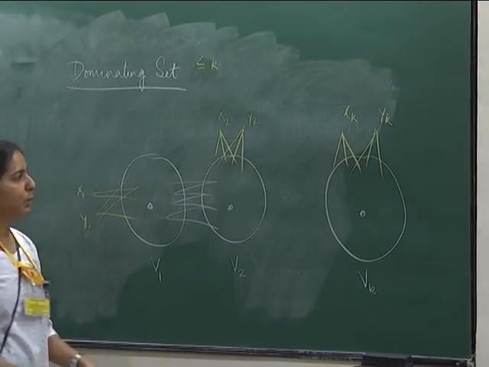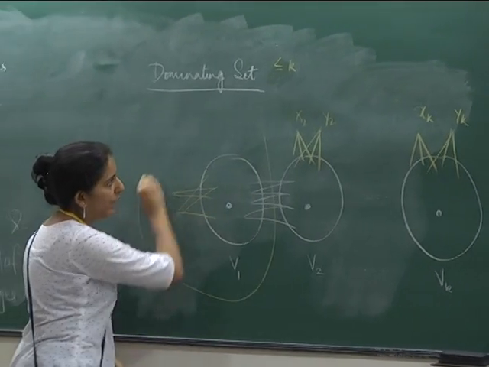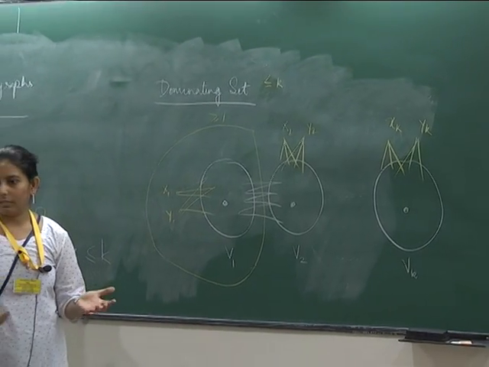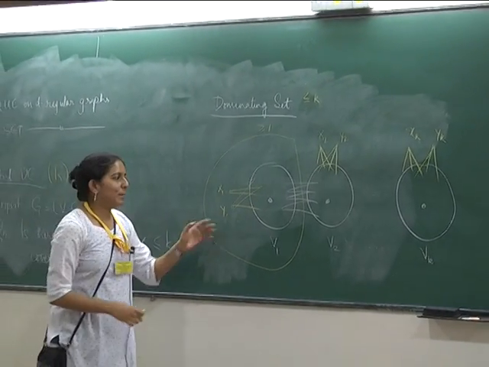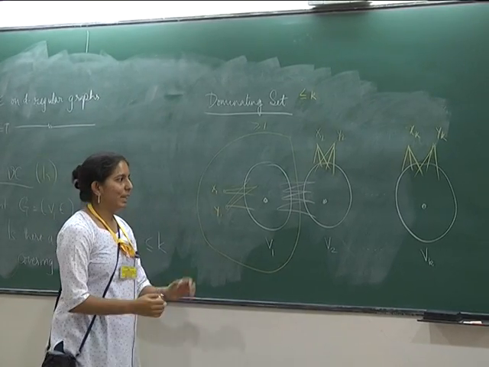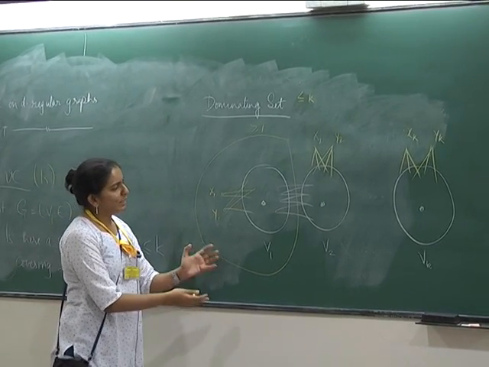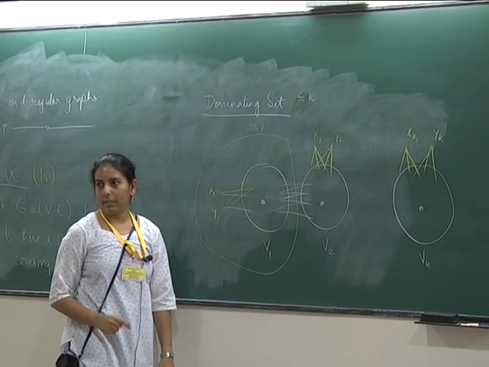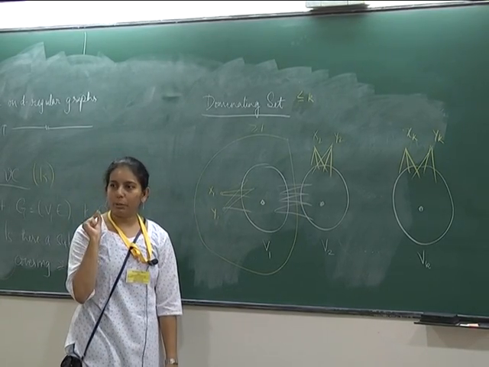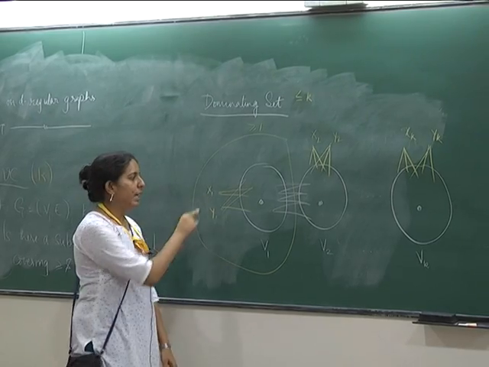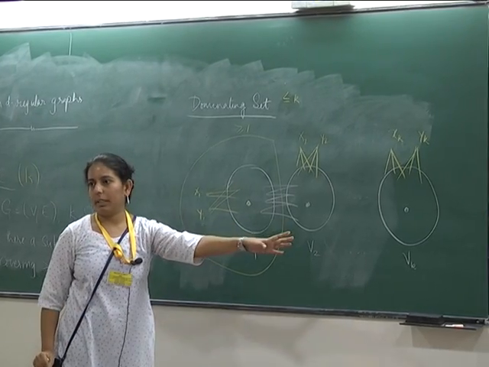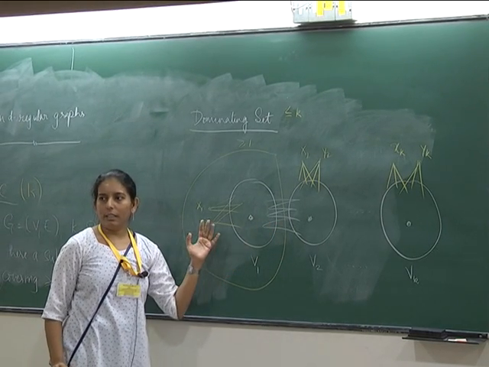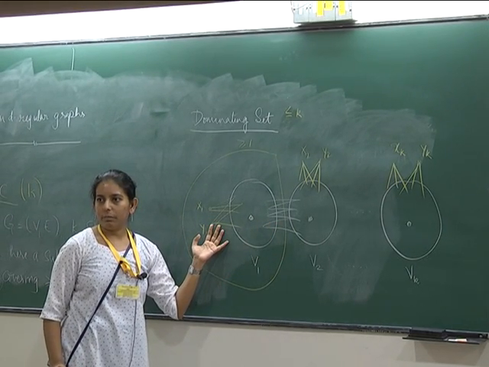But for this entire region, you need to pick at least one vertex from here. That's why you need two of those. I guess the easiest way of saying it is that from V1 union X1 union Y1, any dominating set needs to pick at least one vertex, because X1 and Y1 are not getting dominated from anywhere else. So if you leave this out completely, then these guys just don't get dominated.